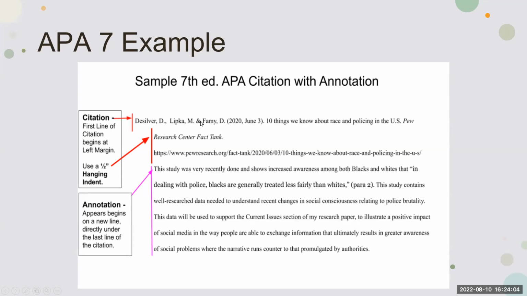And then a third author, last name, comma, first initial, the date in parentheses, followed by a period, the article title, just written out, and then the place where the article is placed, your URL. Notice that there's no extra spaces, and then you start the annotation.